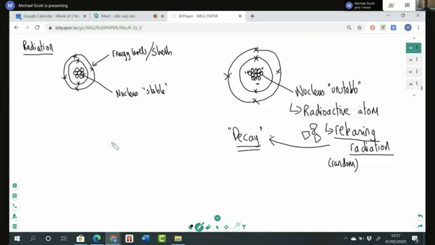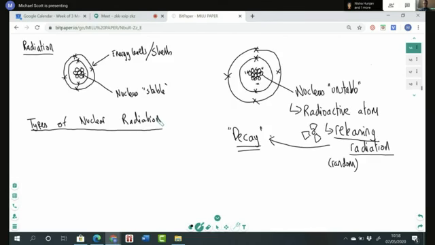And there are 3 different types of radiation. There are 3 types of nuclear radiation. And you would be expected to know the properties of these different types of radiation.